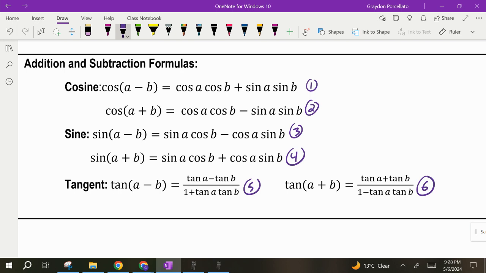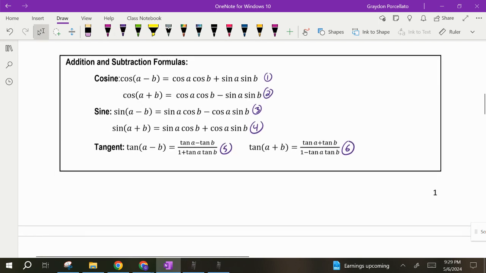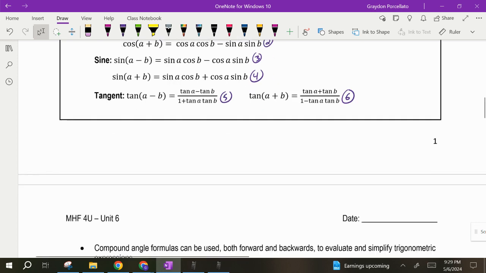There's 2 for sine, 1 where you're adding and 1 where you're subtracting, and 2 for tan. Again, 1 where you're adding and 1 where you're subtracting. And what we can do is we can use these addition and subtraction formulas to solve questions, okay? So that's what we're going to do right now, is go through some examples of how we apply these addition and subtraction formulas.